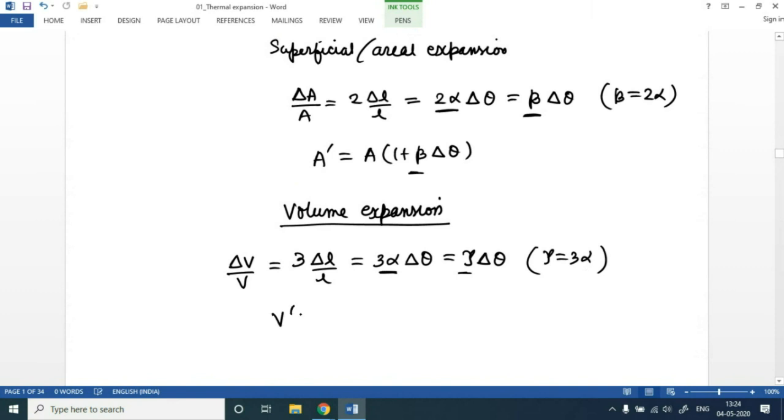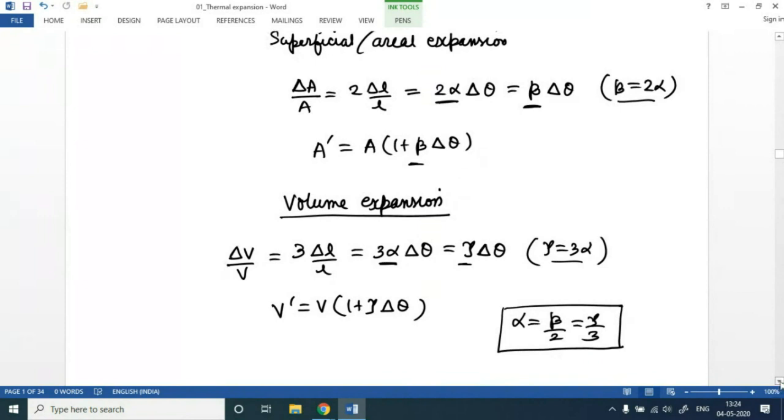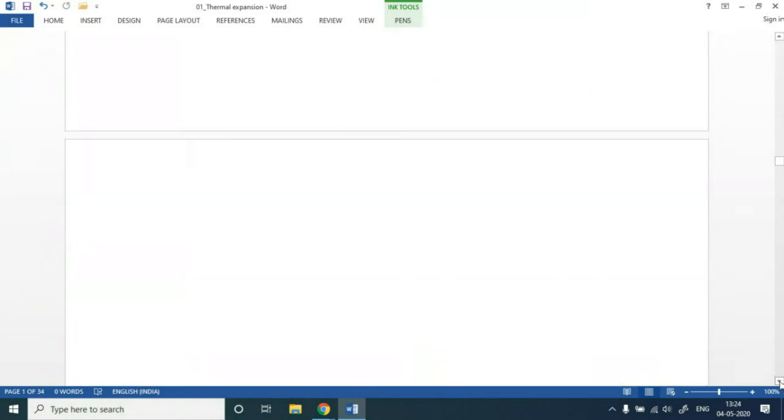So in that case, V dash you can write as V into 1 plus gamma delta theta. So the relationship between alpha, beta, and gamma: alpha is equal to beta by 2 is equal to gamma by 3. So these terms are interrelated for an isotropic material. Please understand that. So this was for the volume expansion and superficial expansion.